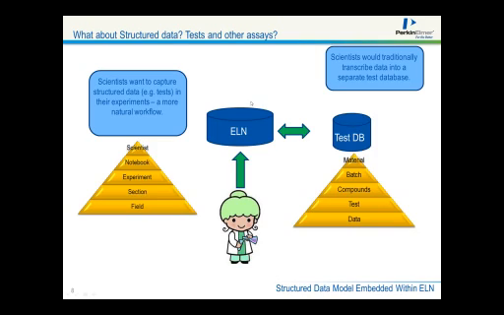And what would happen traditionally in the lab notebook world, electronic or paper, is that people would record the how, the what, the why, the where in their lab notebook, and they put the structured data within a dedicated test database. And maybe they put it in the ELN and then transcribe it over. So you'd have this superfluous transcription step, or else you'd have this separation of the data into two separate databases.